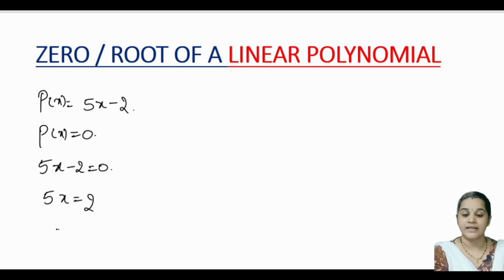This can be written as x equal to 2 by 5. So x is equal to 2 by 5 is the zero of the polynomial p of x is equal to 5x minus 2. So simply by equating the linear polynomial to 0, we find the root of a linear polynomial. Hence, a linear polynomial will have only one zero, that is a unique zero.